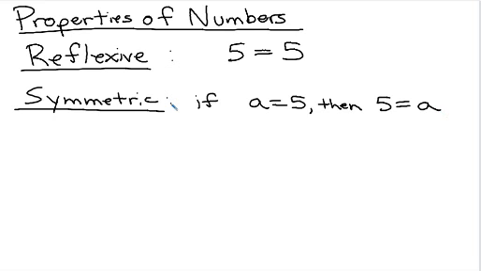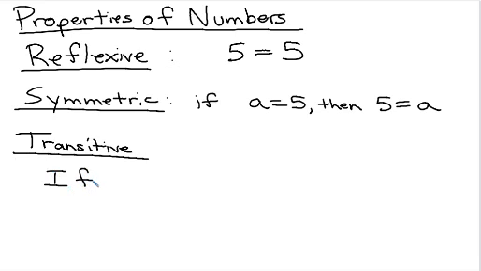The transitive property. Transitive, you think across. All right? Trans means you go across. So here's what the transitive property says. If A equals B, and B equals C, then what do you think has to be true?